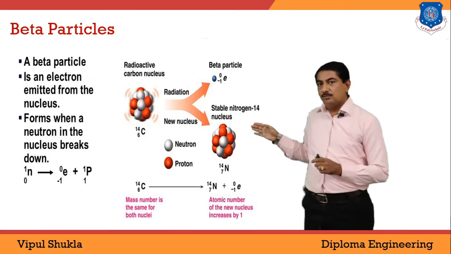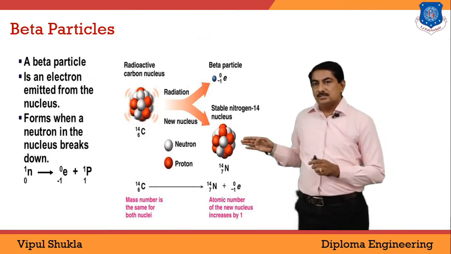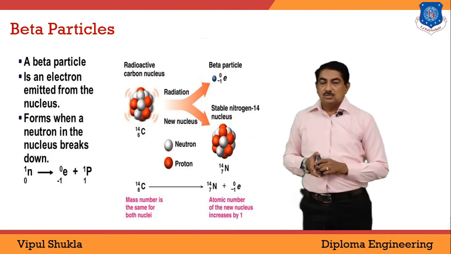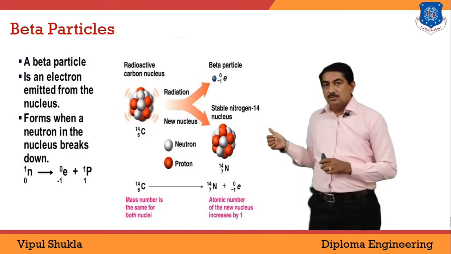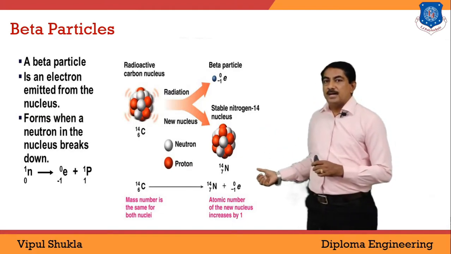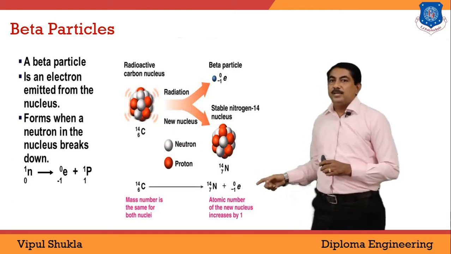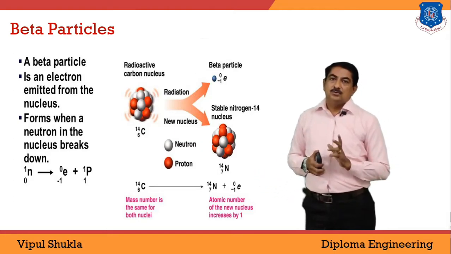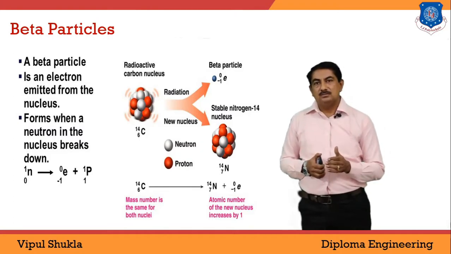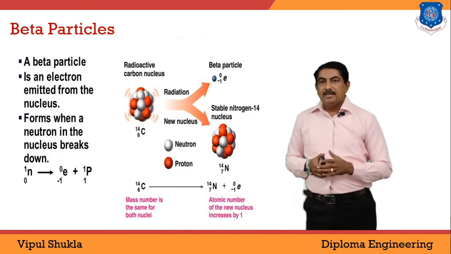When carbon 14 undergoes disintegration, it forms a new nucleus, nitrogen. So in this reaction there is no change in atomic mass, but the atomic number increases by 1 unit. When any nucleus undergoes beta emission, it will emit electrons.